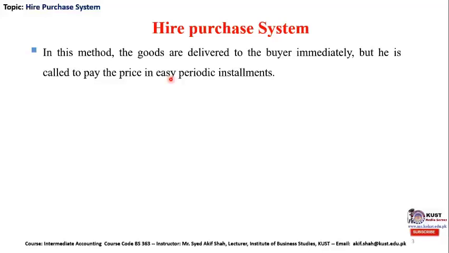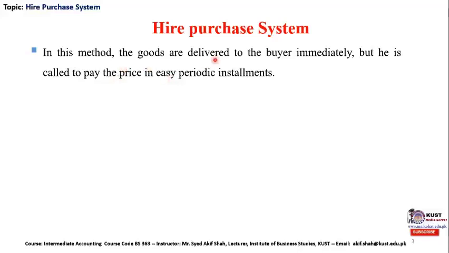Here comes a third system of buying and selling of product, which is known as hire purchase system, in which neither the customer or the buyer is supposed to pay out in lump sum at a maturity date, nor is he required to pay out all the amount of cash at the time of purchasing.